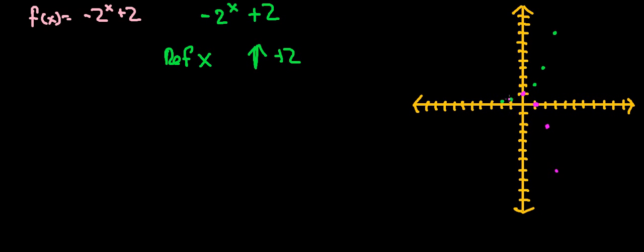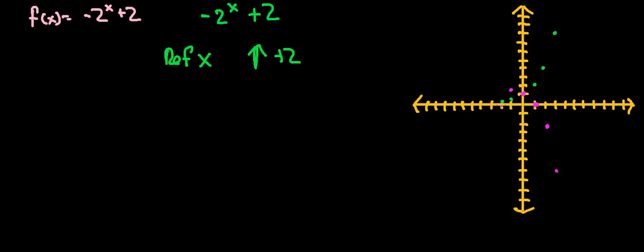Now for these, at x is equal to minus 1, y is equal to 1/2. So that is reflected across the x-axis, and then added 2. It'll be at 1.5, so about right there.